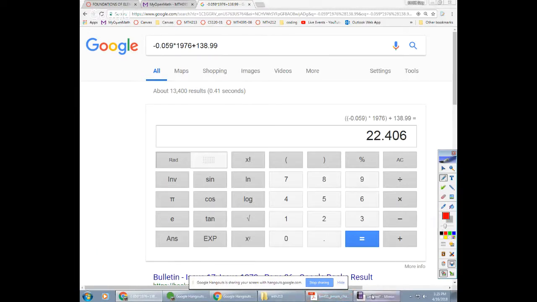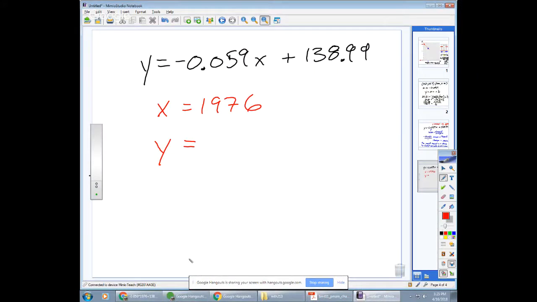What did the actual data say? The actual data was 22.37. So that's in the ballpark, right? And didn't it look like that point was pretty close to the line, at least on my picture? So in this case, I was predicting within the data set with my model.